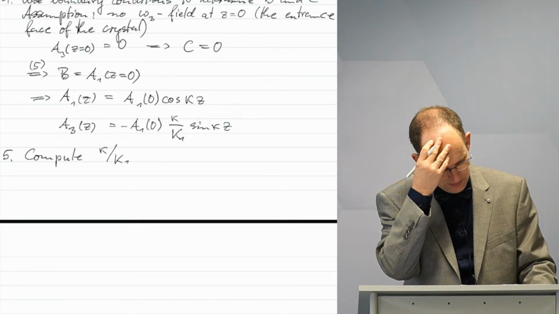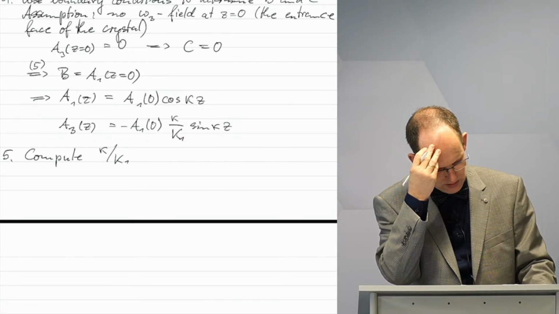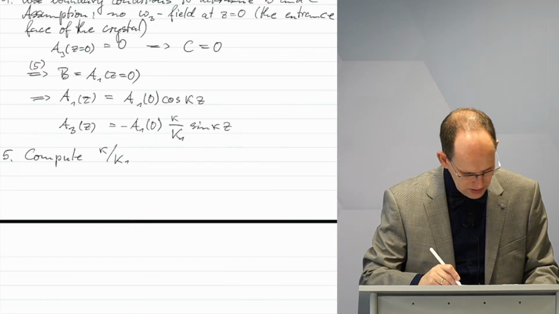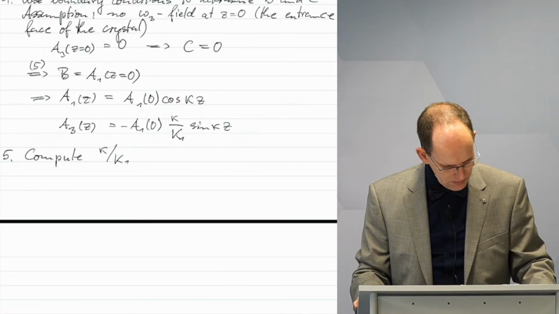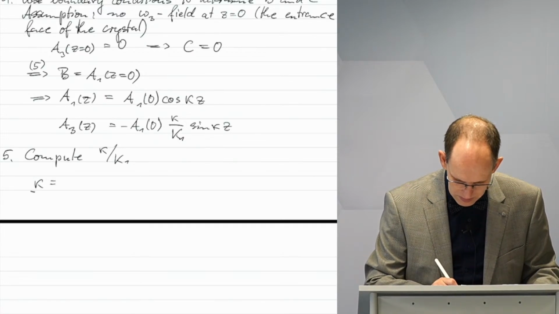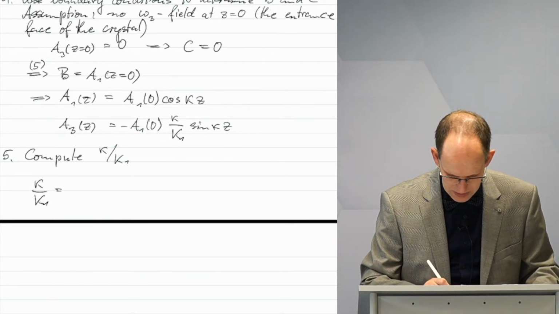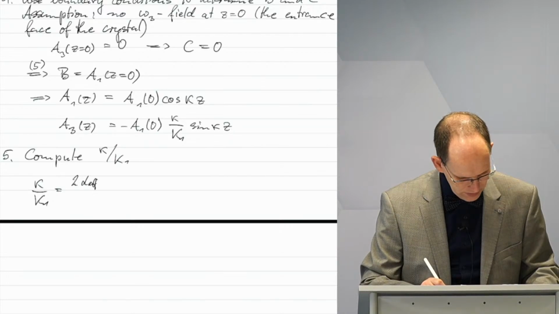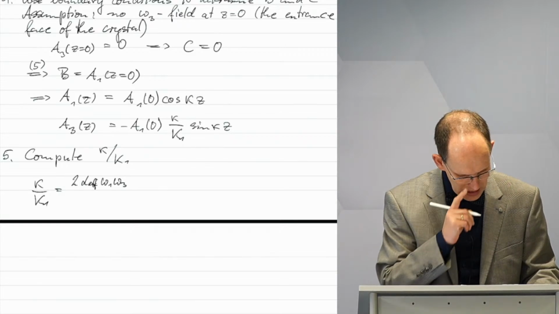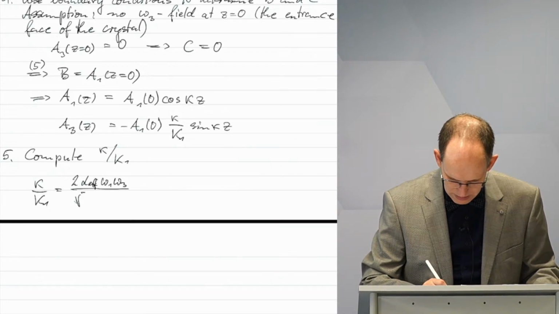What do we have here? Kappa divided by K1. So we have 2 times the effective nonlinearity times omega 1 times omega 3 divided by the square root.